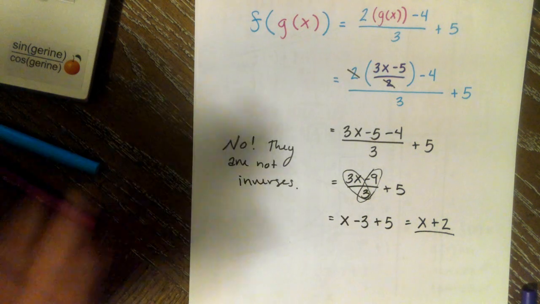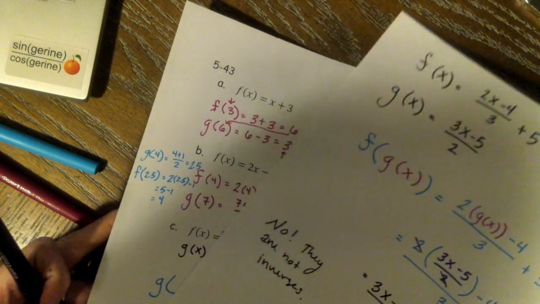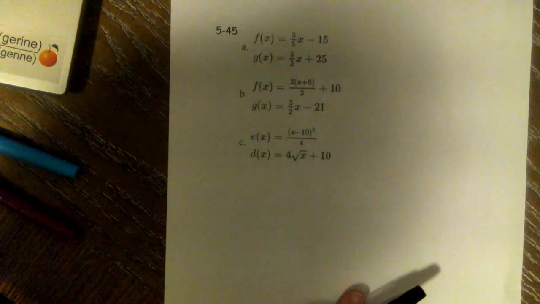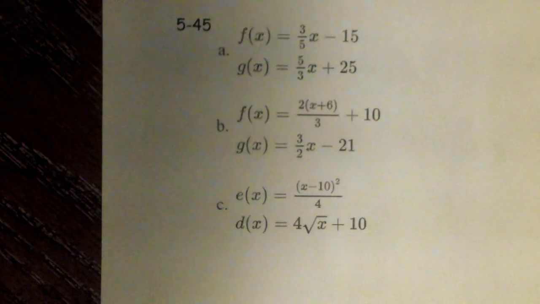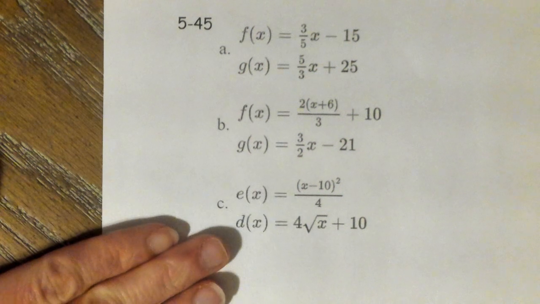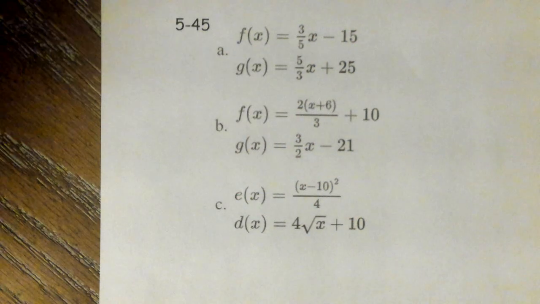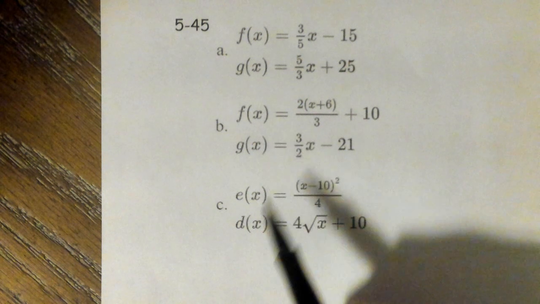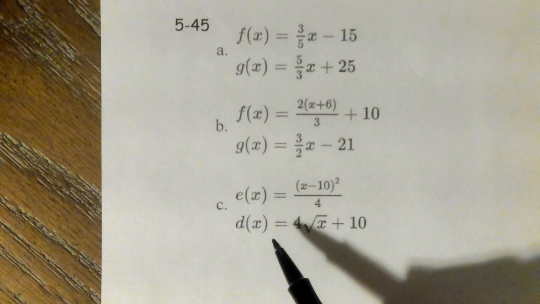Okay, so now you have 3 problems that I want you to try. These are from the book. So you are verifying, are these two inverses? Are these two inverses? And are these two inverses? Okay?